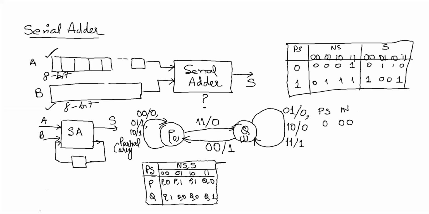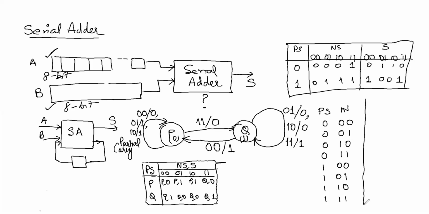For present state 0, I can have input 0 0, 0 1, 1 0, 1 1. Similarly, for present state 1, I have 4 input combinations. So I will draw all the combinations and make my table complete.